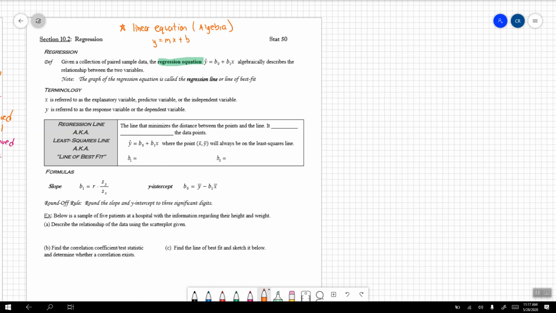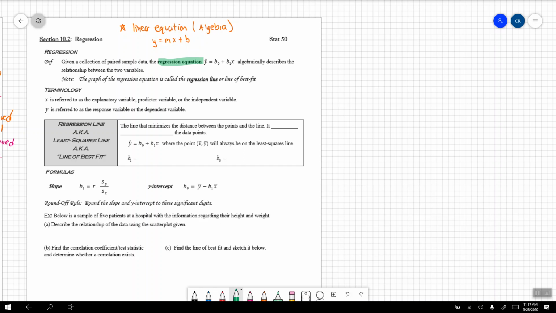Well, in this particular case, we know that b is the y-intercept and m is going to be the slope. So in here, b is the y-intercept and m is the slope.